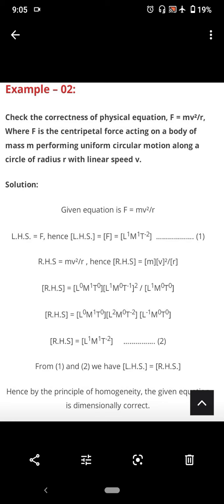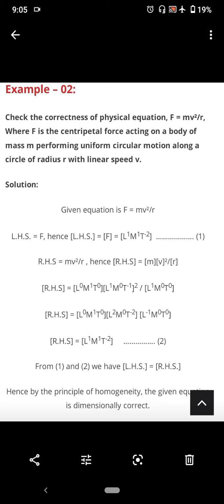So write the dimensions of each term: the dimension of mass, then velocity squared, and then in the denominator the dimension of r. The dimension for mass is M, for velocity is LT minus 1, and for r is radius, which is basically length, so the dimension of r will be L.